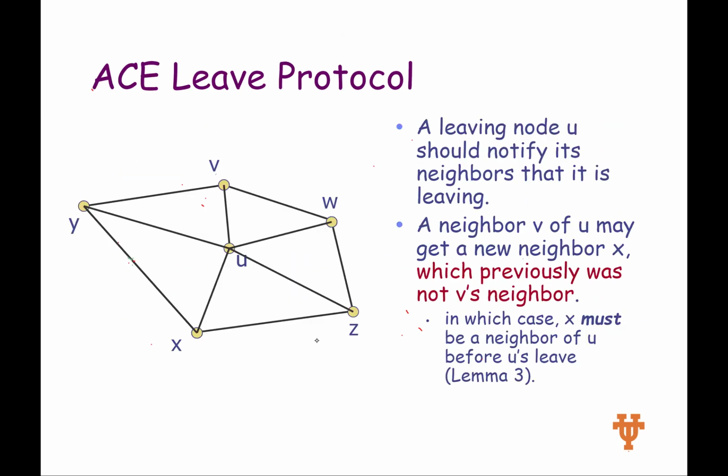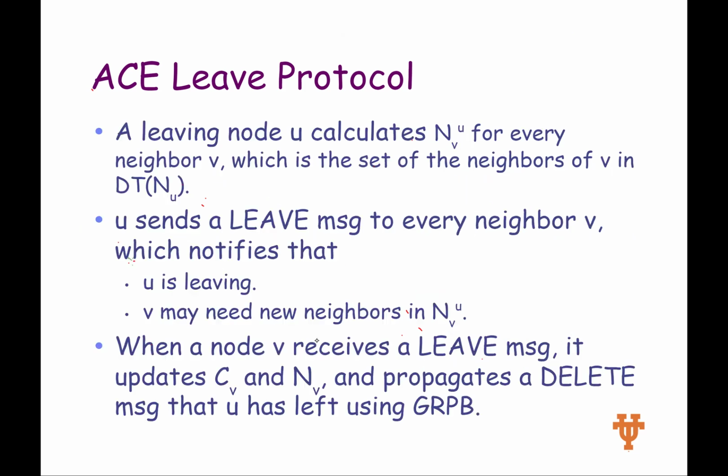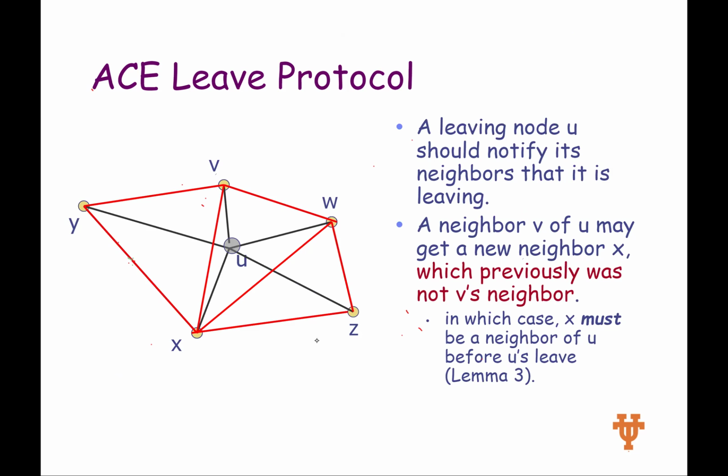Okay. So the leave protocol. The leave protocol means there is a node U that wants to leave the network. So U will send every neighbor its neighbor set. Say U will tell V, okay, my neighbors are X, Y, Z, W, V, okay?